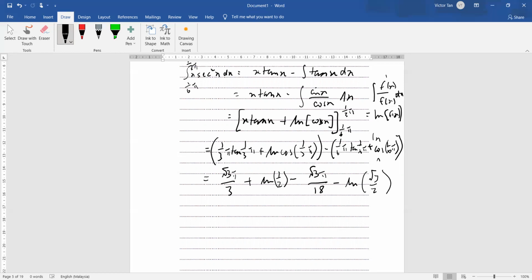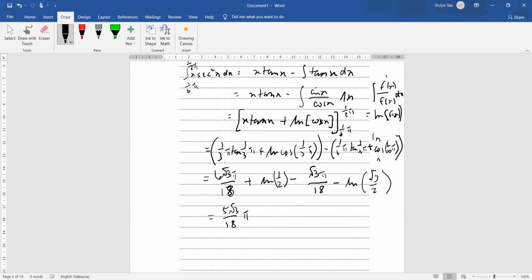Okay, so this is times 6. This will be 18. So this is 5 root 3 over 18 pi, plus ln half minus ln root 3 over 2.